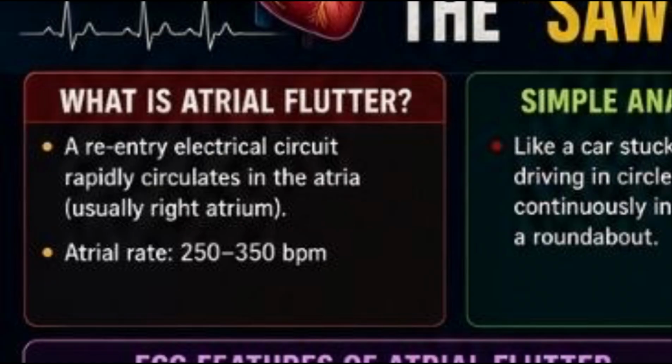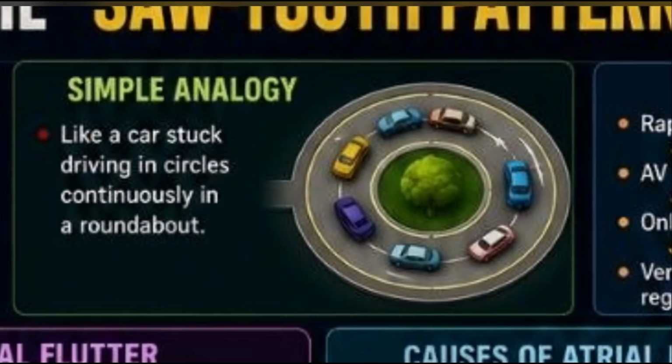In atrial flutter, a single re-entry electrical circuit rapidly circulates, usually in the right atrium. Instead of one normal P wave, the atria depolarize very rapidly. So the atrial rate is usually 250 to 350 beats per minute.